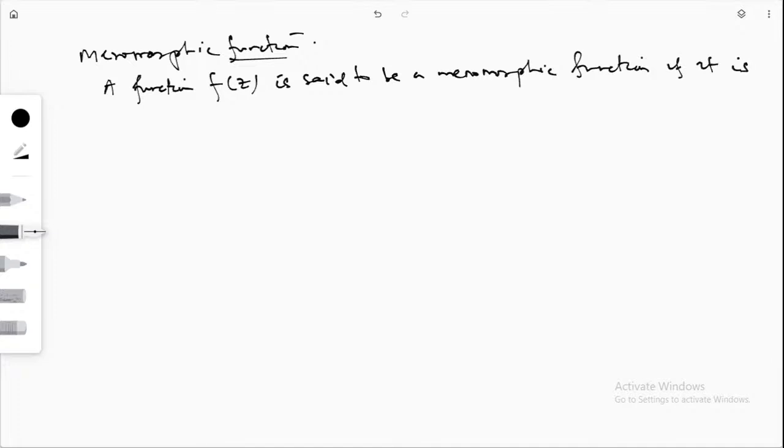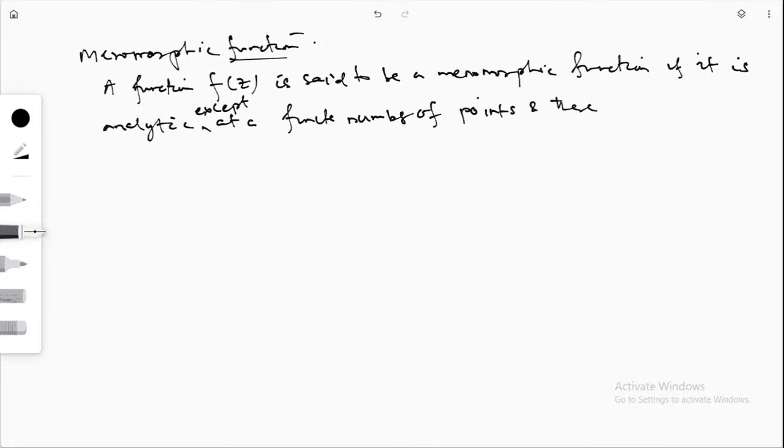If it is analytic except at a finite number of points, and this finite set of points are poles.